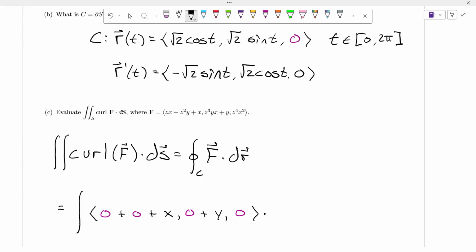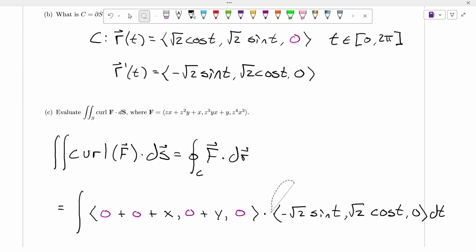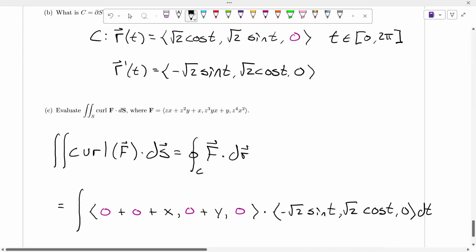And I want the dot product of that with the leftover part, negative root 2 sine of t, positive root 2 cosine t, 0 dt. Squish that so that it actually fits on the page.